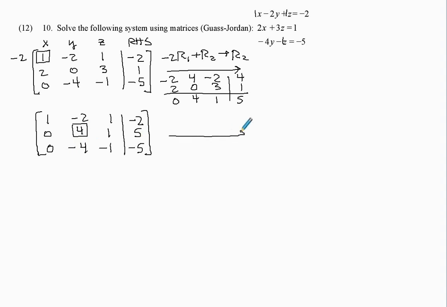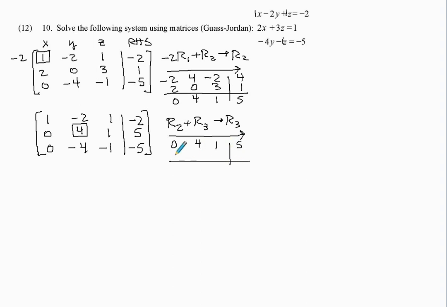So what I want to do here is I just want to do row 2, add that to row 3. Whoops, I said row 2 and I wrote row 3. Row 2, add to row 3, and that is going to replace row 3. So here's row 2, 0, 4, 1, 5.